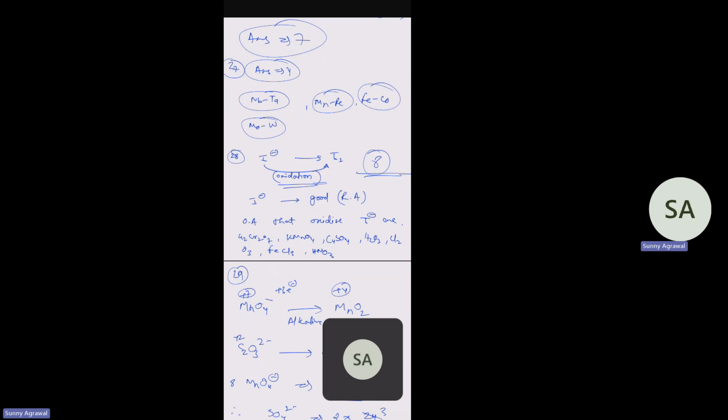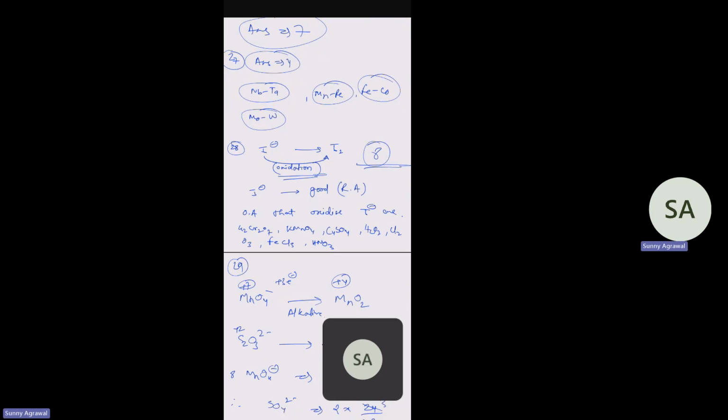Chlorine can oxidize it. Ozone is a good oxidizing agent. FeCl3 can oxidize it as Fe will go to plus 2 oxidation state. HNO3 will oxidize it. Na2S2O3 cannot oxidize it. So the answer will be 8.